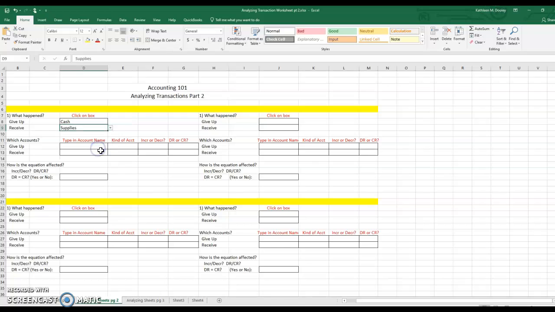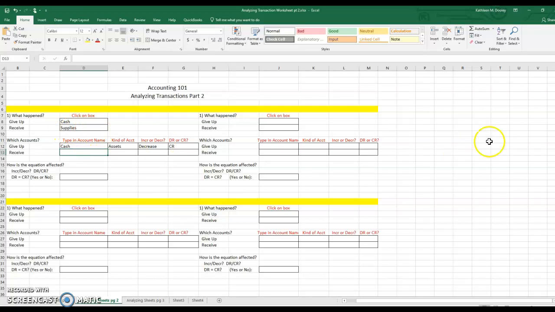It just said supplies, so we're just going to use the word supplies. Okay, and what accounts are we going to use? For the give up, we have cash, so we know that we have a cash account name. And that cash is an asset. We paid cash out, so that is a decrease.